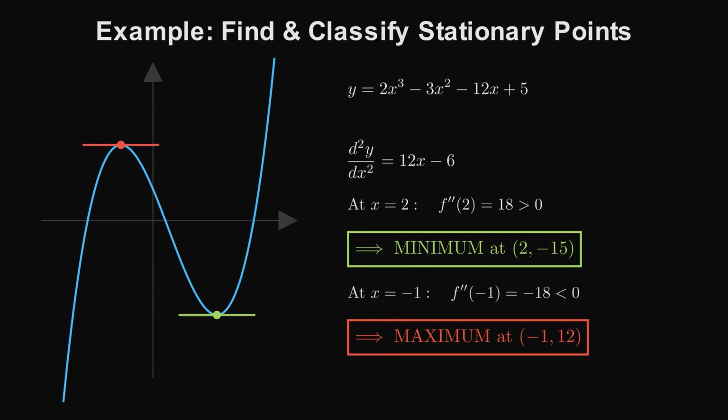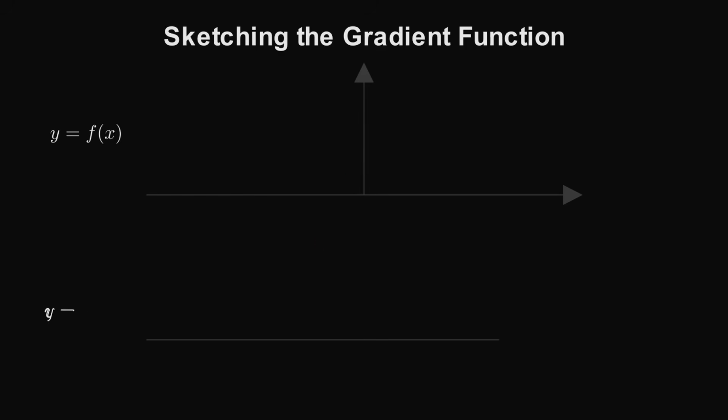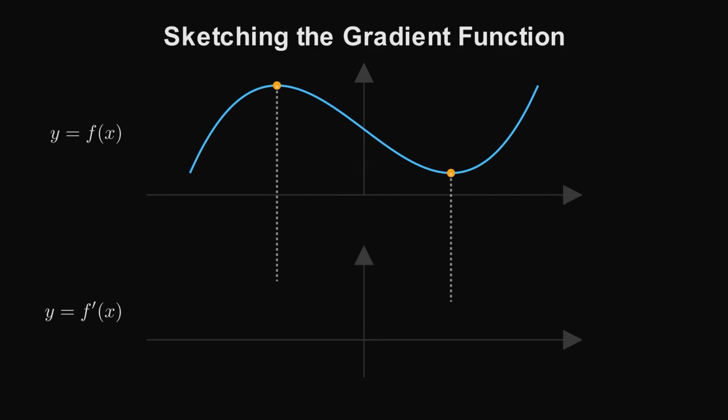And linking to this, what do we do if the exam asks us to identify whether a function is increasing or decreasing? Well, this is actually quite easy. Remember, it's all about the gradient. So if f'(x) is greater than 0, our function is obviously going to be increasing, and the inverse of that is true. So when the exam asks you to sketch the gradient function from a given graph, we know that stationary points in f(x) become zeros on f'(x).